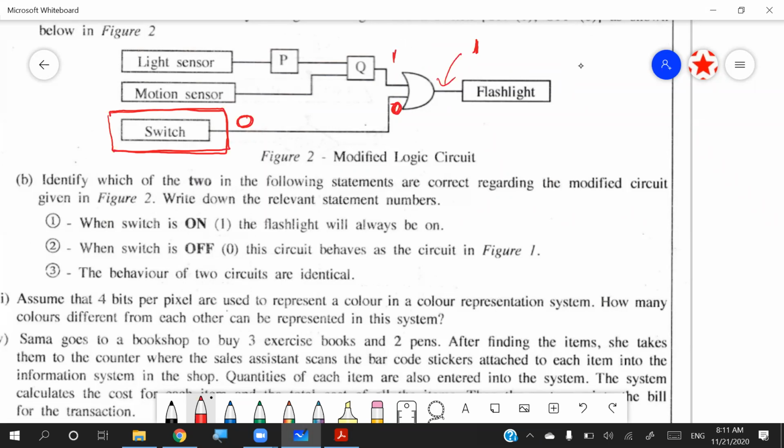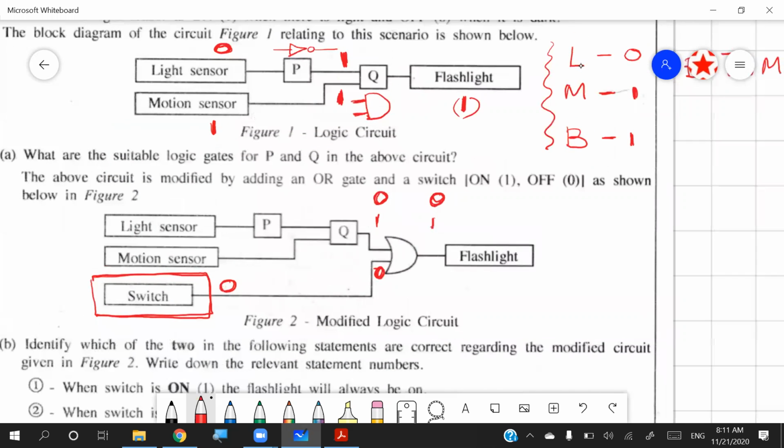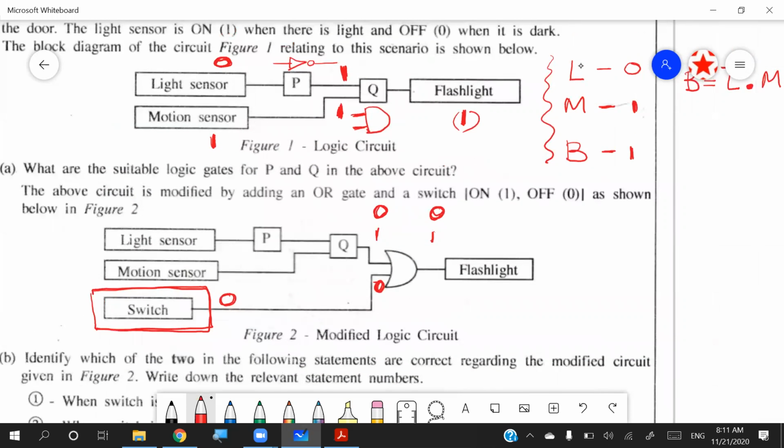If this is 1, it's going to produce a 1 at the output end. And if this is 0, so both are 0, then it is going to be 0 again. Right? Now, in the previous example, as you can see, if you have 1 over here, the flashlight will be on. If you are getting 0 over here, the flashlight is off.